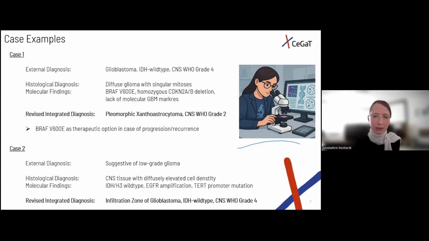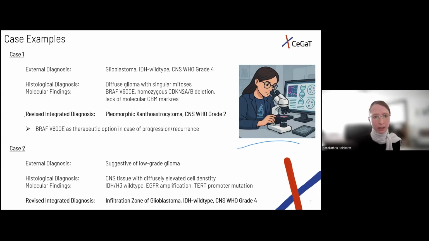Now let's come to two case examples which illustrate how important molecular diagnostics can be in some instances. We have one patient who came to us with the external diagnosis of glioblastoma, and we also did comprehensive molecular testing and histological assessment.